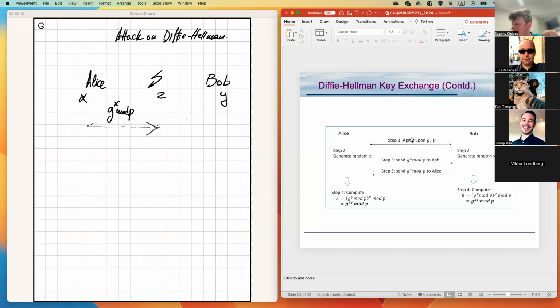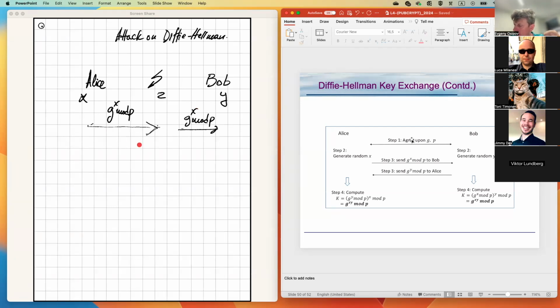So this intruder sends its own challenge, G to the power of Z mod P, to Bob.